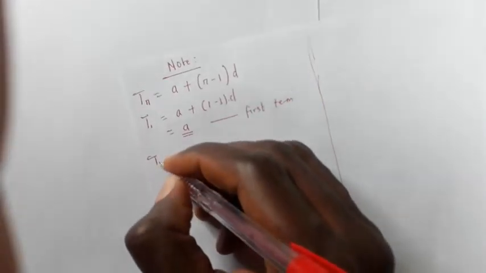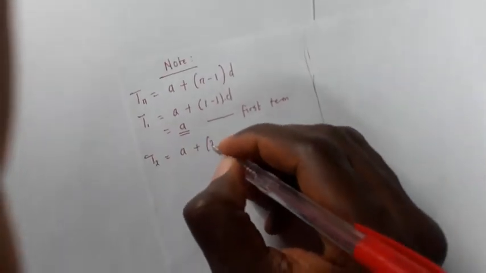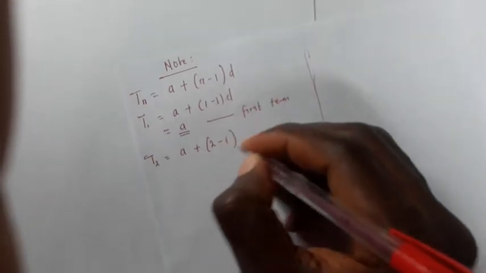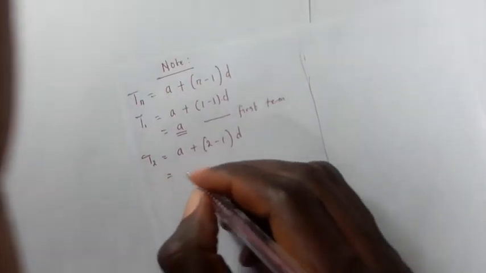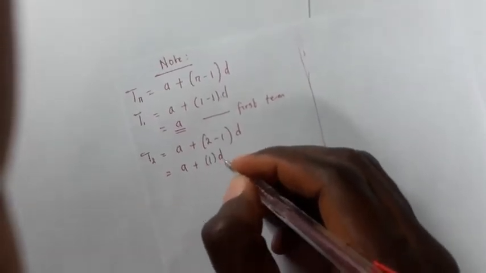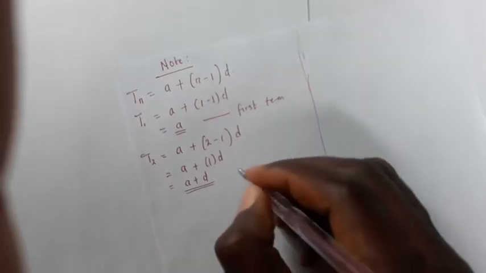Second term equals A plus (2 minus 1) D using this formula, so we have A plus 1 multiplied by D, which is A plus D. This is the second term.